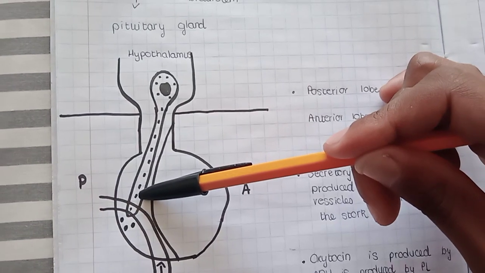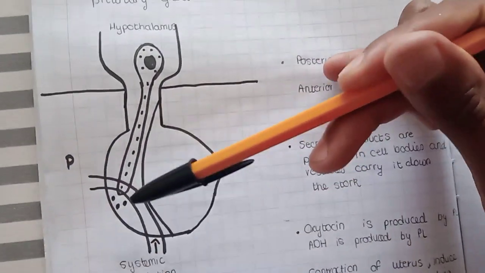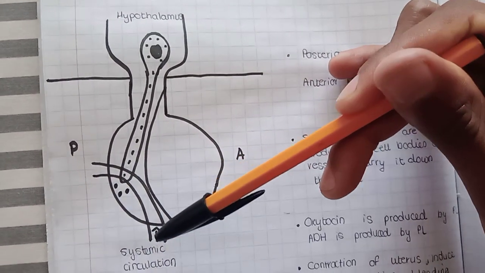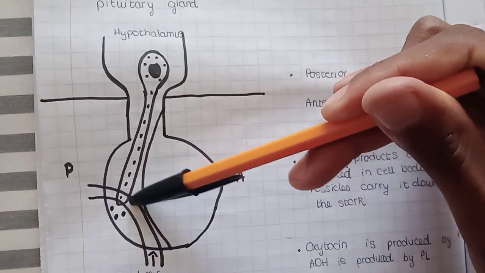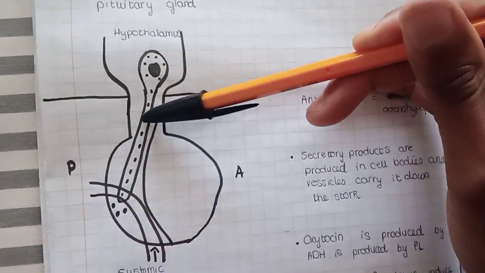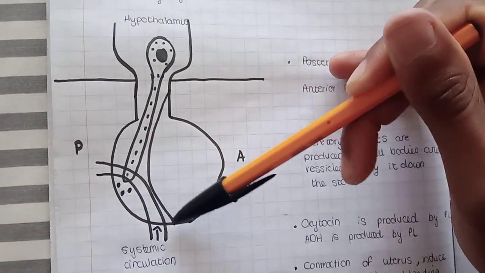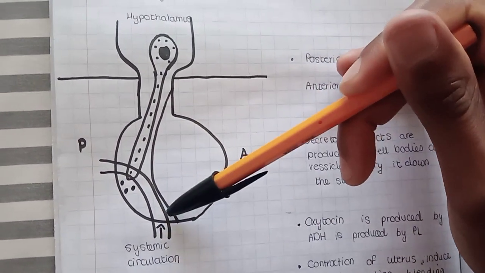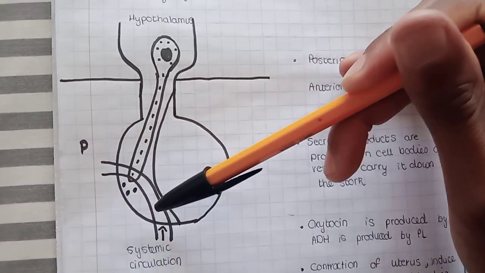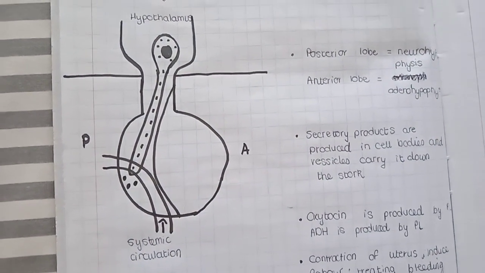Then at the appropriate time, they will be secreted into the posterior lobe, which contains capillaries and veins that transport the particular hormones into the bloodstream. This is called systemic circulation, meaning it'll be distributed all throughout the body.